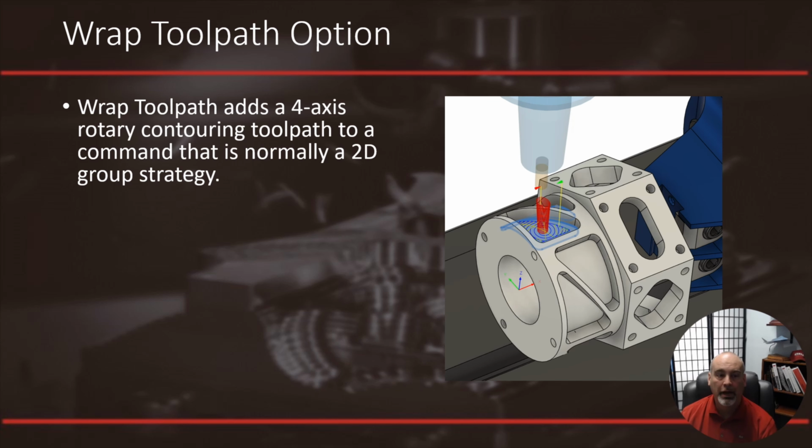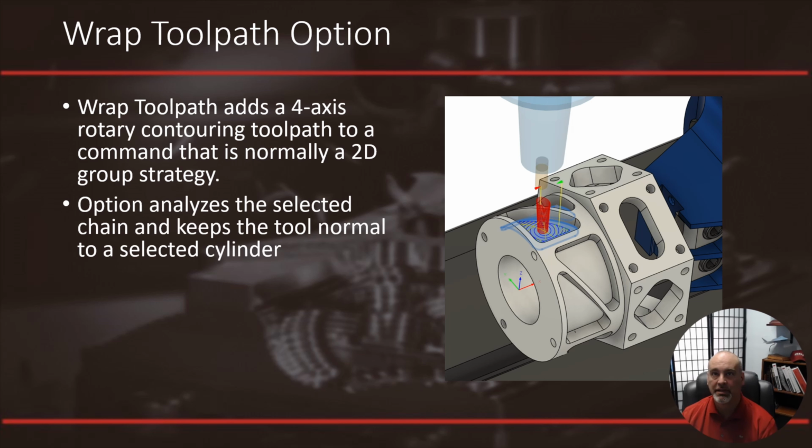The wrap toolpath option adds a 4-axis rotary contouring toolpath to the command that's selected. That's normally a 2D strategy. The option analyzes the selected chain and keeps the tool normal to the selected center around the center of rotation of a single rotary axis.